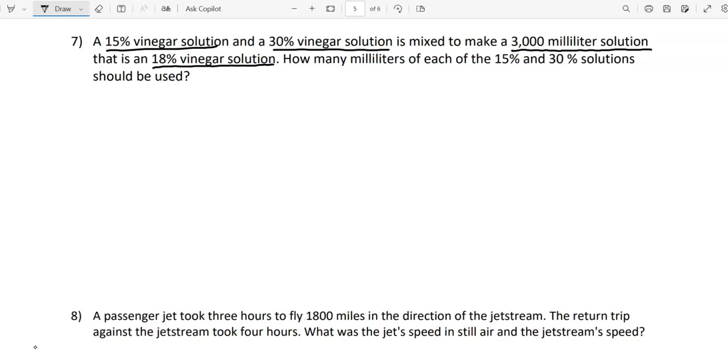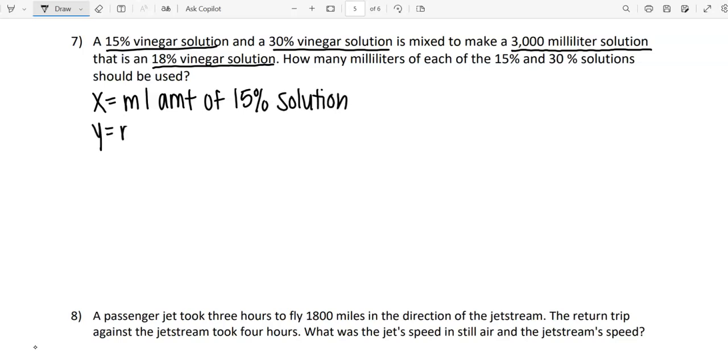Your question is asking you how many milliliters of each solution should be used. Those are your 2 variables. So X is milliliter amount of 15% solution. Y is milliliter amount of 30% solution.